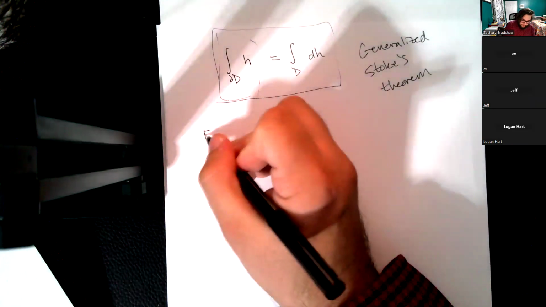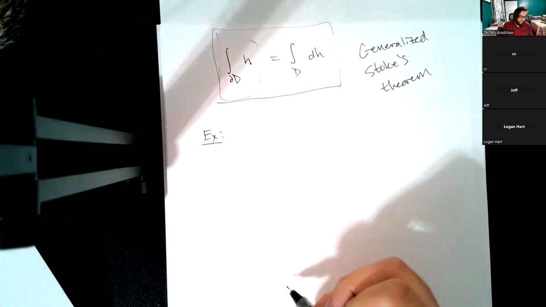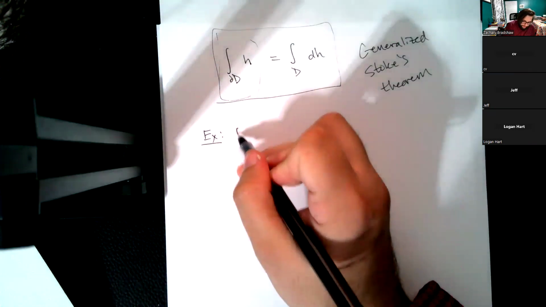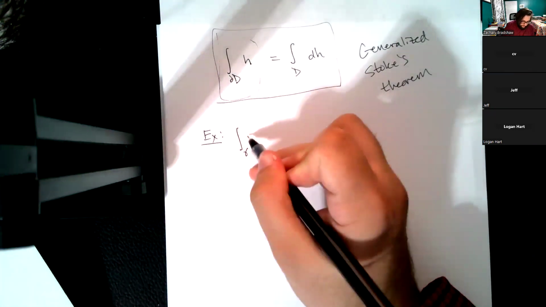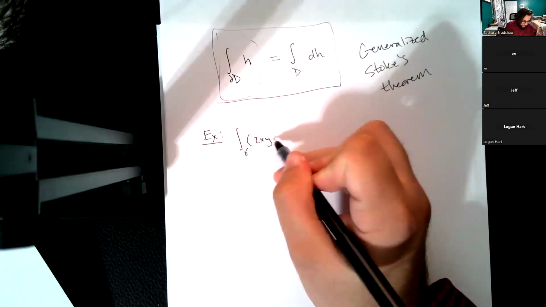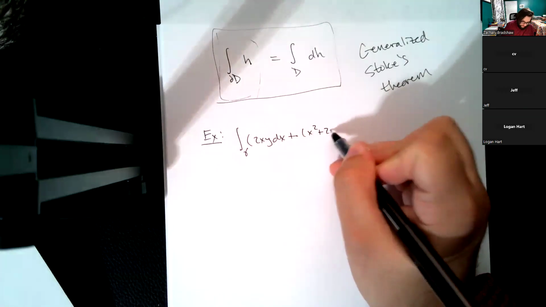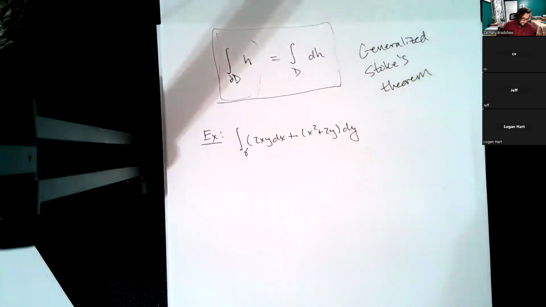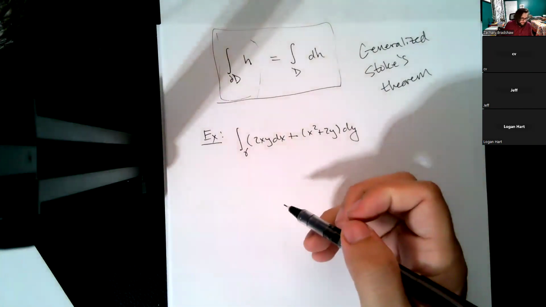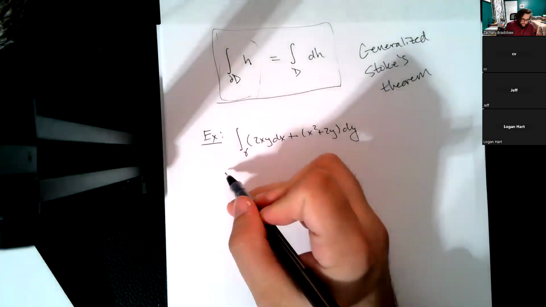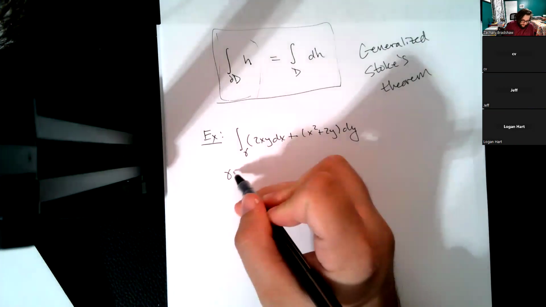All right, so let's move on. Let's do another example using that last result. So we can compute this integral pretty easily. The way we do it is, first of all, we parameterize gamma.